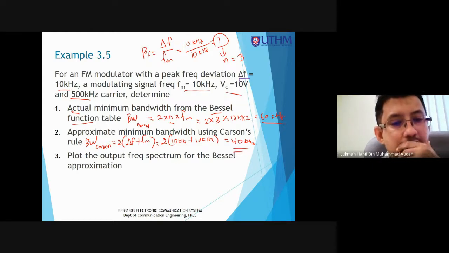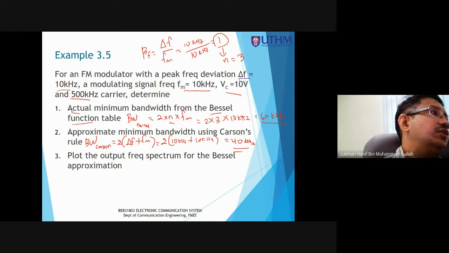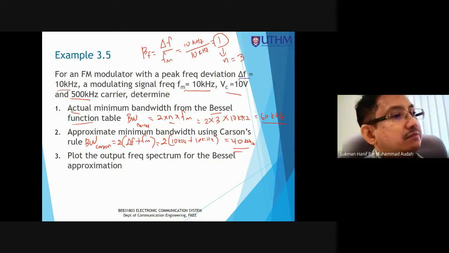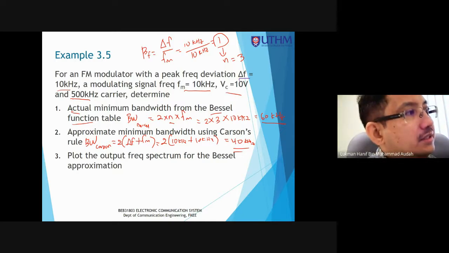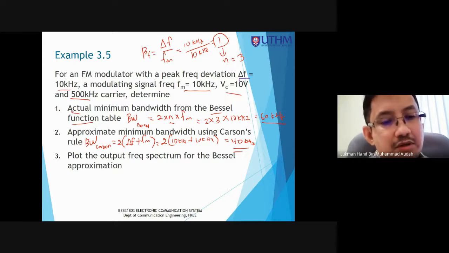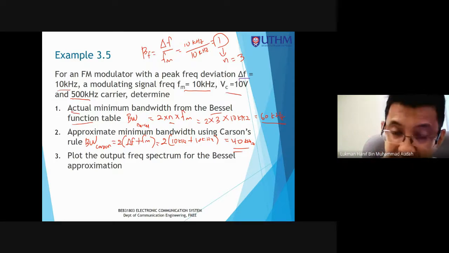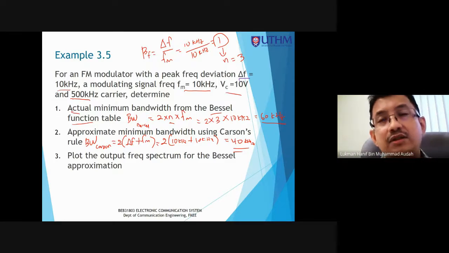Okay. And then what? Plot the output frequency spectrum for the Bessel approximation. Soalan ini dia tidak menyatakan secara spesifik. Adakah ini relative amplitude ataupun amplitude spectrum? Okay, plot the relative amplitude spectrum.